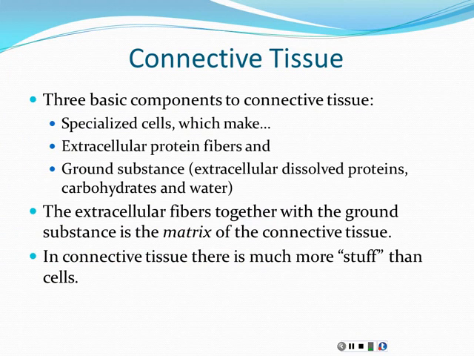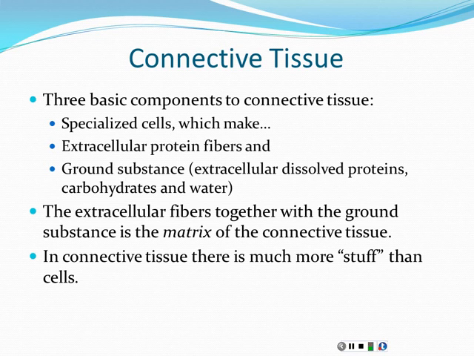All connective tissues are made up of specialized cells, and those specialized cells produce protein fibers, so they produce extracellular material, and ground substance. Now, ground substance is produced by these specialized cells, and it's dissolved proteins, carbohydrates, and water.